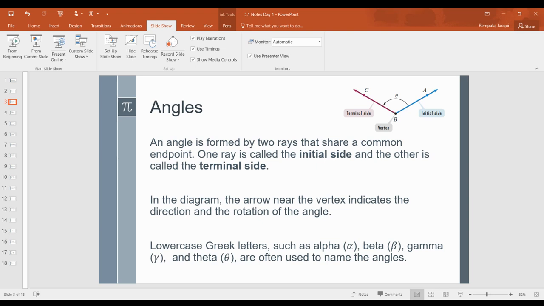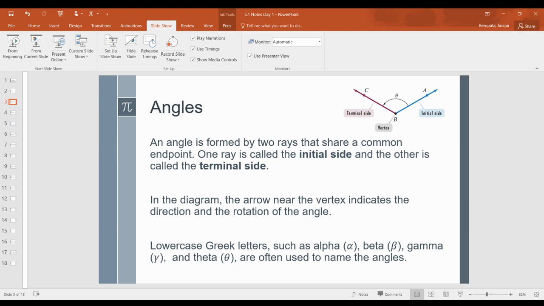Notice how there is an arrow inside by the vertex, and it's going in a specific direction. That arrow is indicating the direction in which the angle is rotating. We're going to talk about it in a second, but the way that the angle rotates is going to be important. Notice that not only inside of the vertex do we have an arrow showing the direction in which the terminal side is moving, but we also have a Greek letter inside.